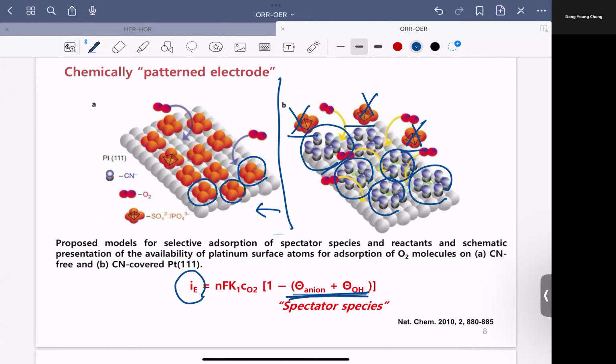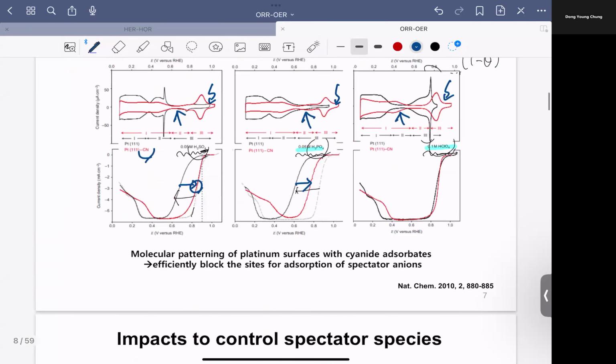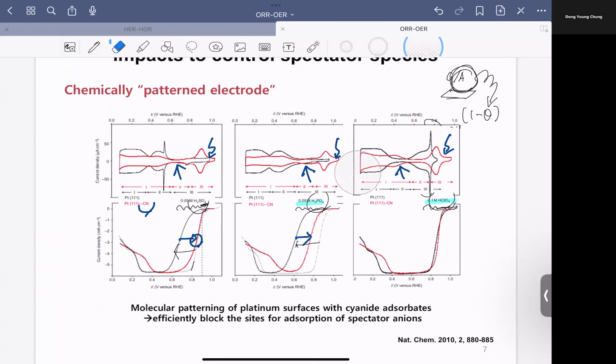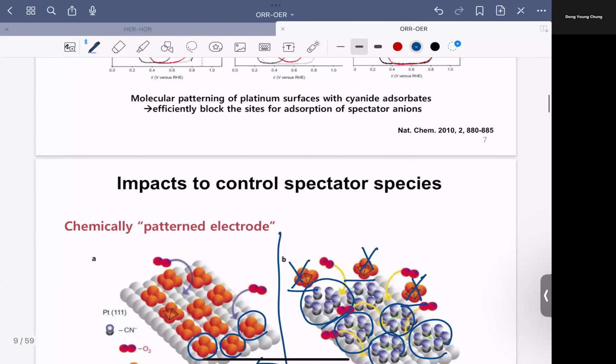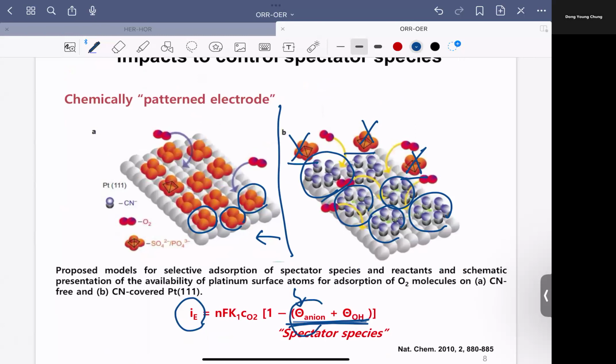So you have to control not only the surface adsorption, right? For example, if you cover the cyanide, so I would like to show these figures once again. If you compare this feature, if you deposit the cyanide, then the surface of the platinum is less compared to platinum 111 itself, right? But it can prohibit the anion adsorption. So the total 1 minus zeta is higher compared to without modification of the cyanide, right?